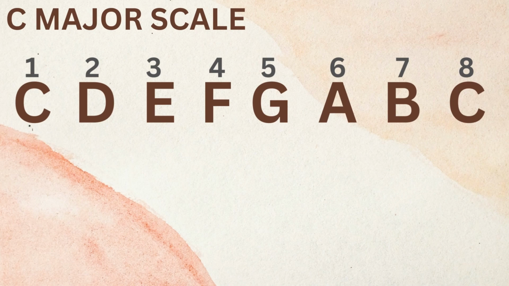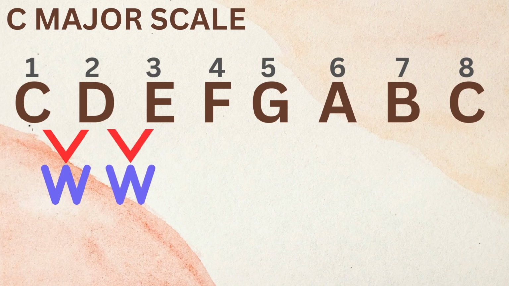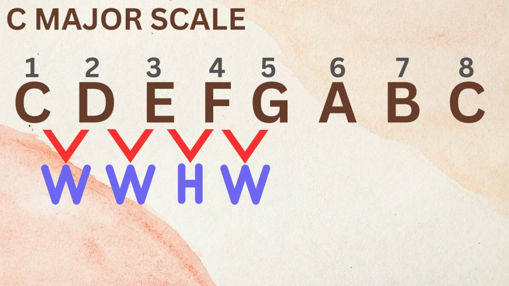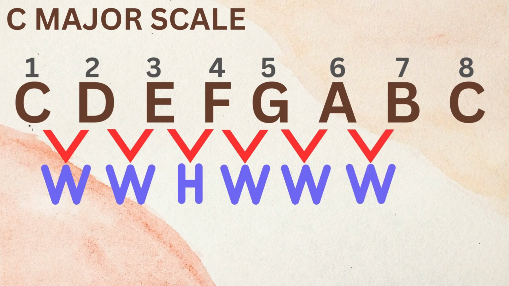C to D is whole, D to E is whole, E to F is half, F to G is whole, G to A is whole, A to B is whole, B to C is half. So the C major scale is composed of the notes C, D, E, F, G, A, B, and C.